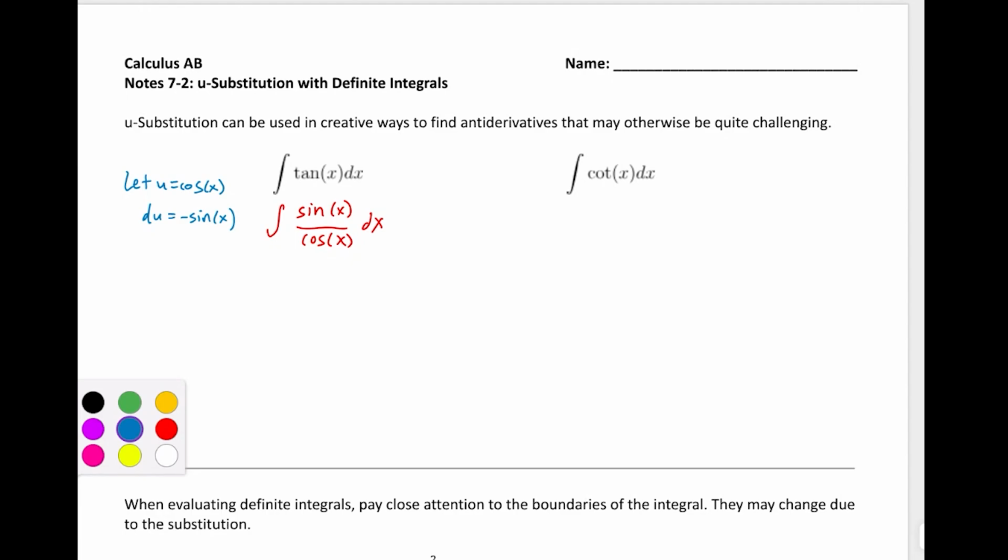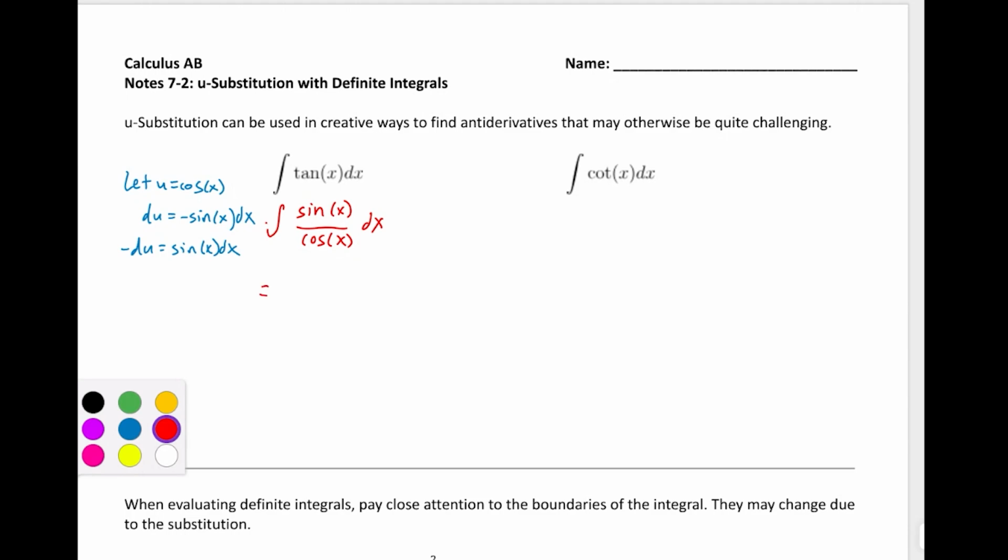Although I don't have negative sine x in the expression, I can manipulate that just like if there was any other constant in front, and divide both sides by -1 and get negative du is sine x dx. Once I rewrite it like that, I can make my u-substitutions pretty easily and just work it like any other u-substitution problem.